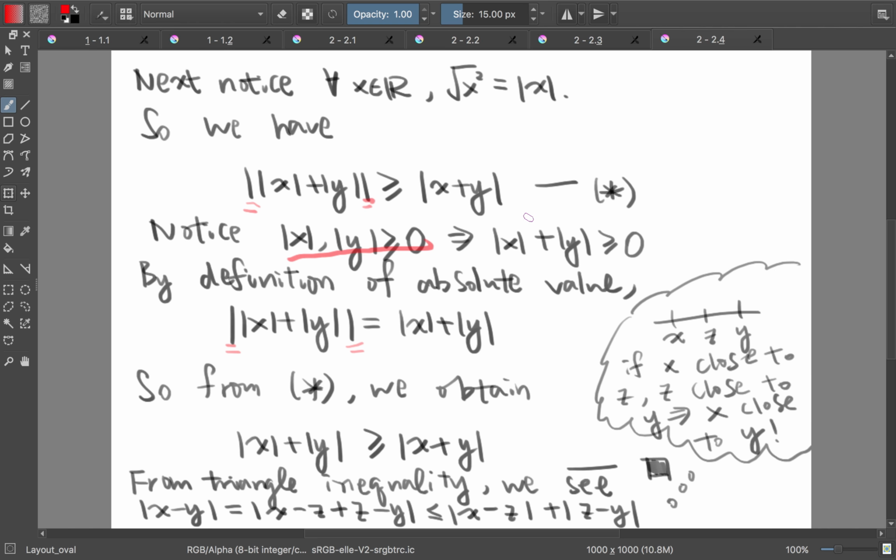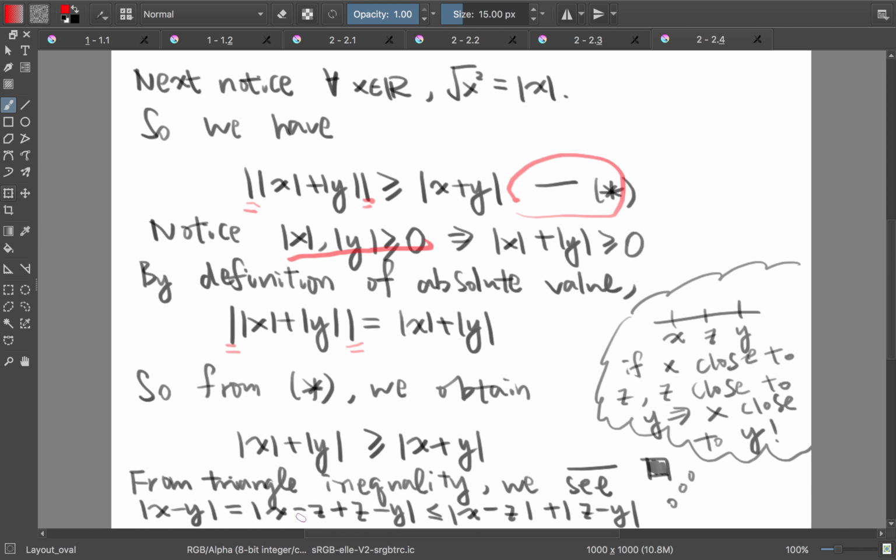So, when I call this star, we obtain that the absolute value of x plus the absolute value of y is greater than or equal to the absolute value of x plus y. And this is the end of the proof of the triangle inequality. So, from the triangle inequality, we also see that the absolute value of x minus y is equal to the absolute value of (x minus z) plus (z minus y).